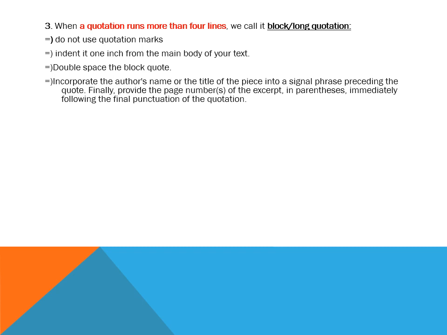Code 3. When a quotation runs more than 4 lines, we call it a block quotation, which means a long quotation. So how can we cite a block quotation? First of all, there is no need to use quotation marks, but you should indent this block quotation 1 inch from the main body of your text, and you should double space the lines.